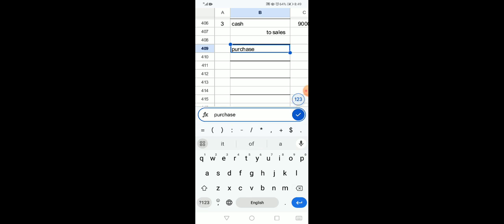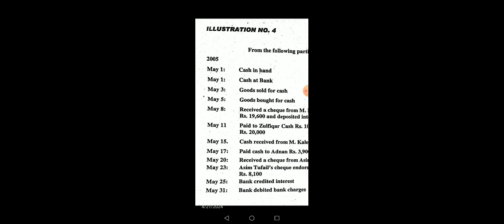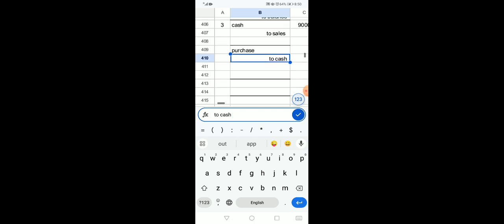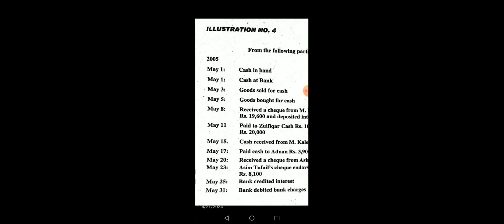So you have bought goods for what? For cash. Bought goods for cash. When you will buy goods, it means your cash will be going out, cash in hand would be decreasing, decrease in cash means decrease in asset, decrease in asset should be credited, so you will mention cash on credit side. What was the date of this entry?